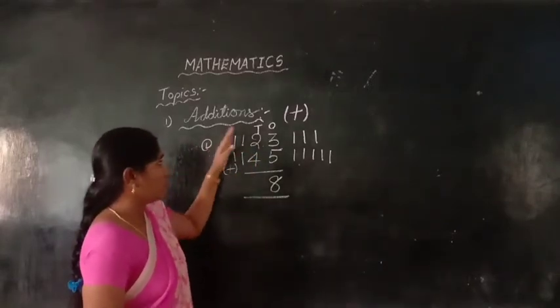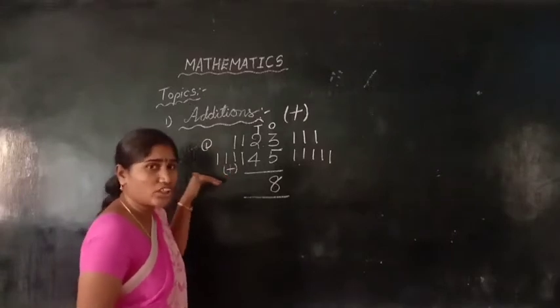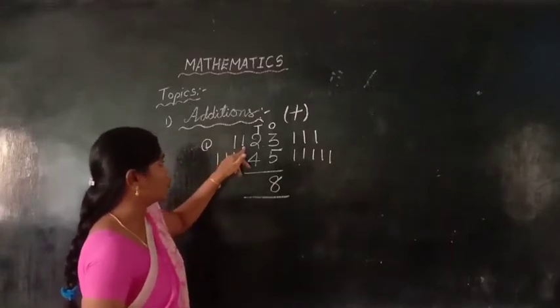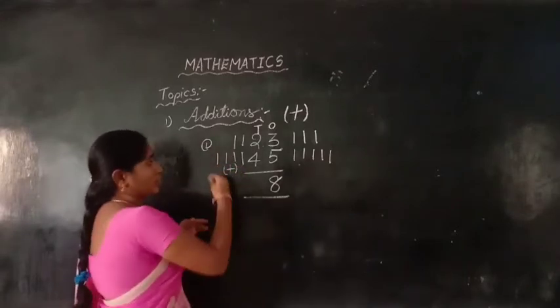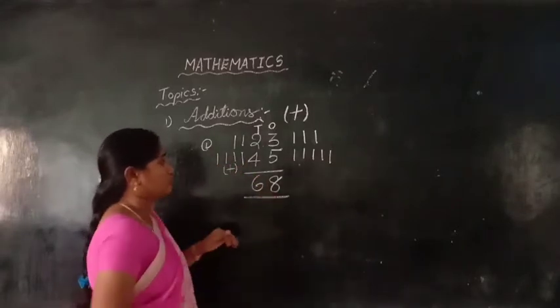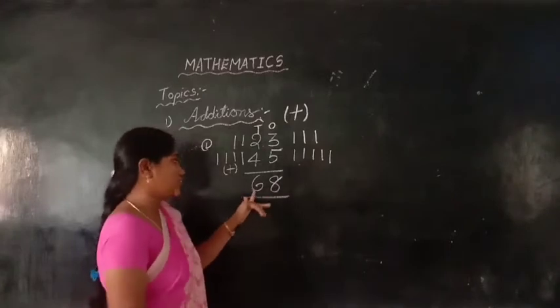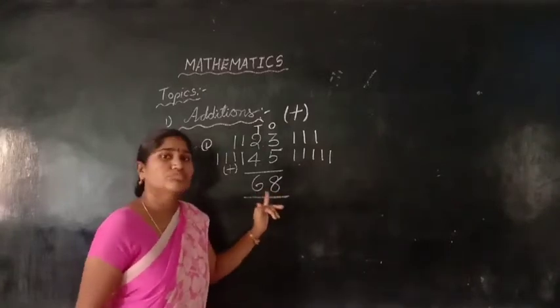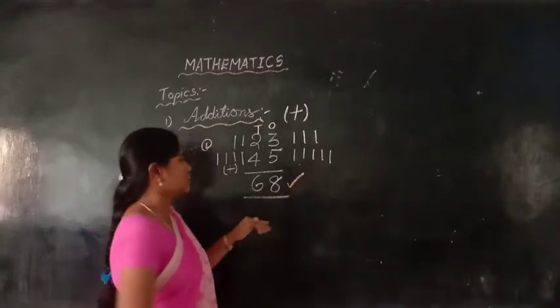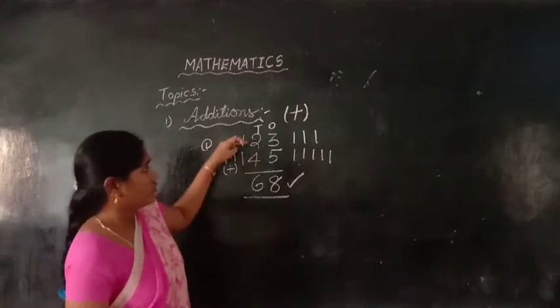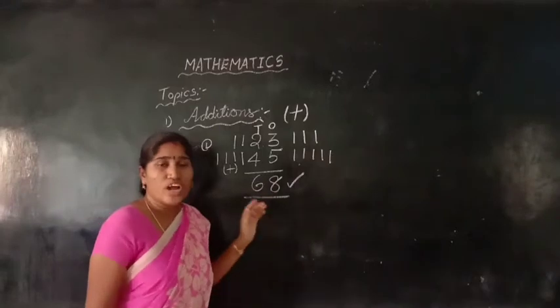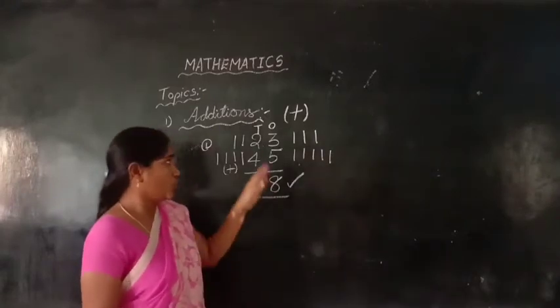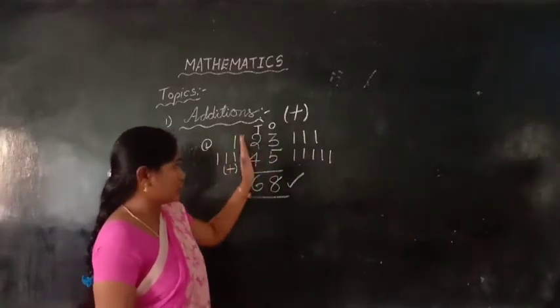Now we will count. How many total dots here? 1, 2, 3, 4, 5, 6. So total dots are 6. So the answer is 6, 8. 68 is the answer of 23 plus 45. I hope you understand children how to do the addition with 2-digit numbers.